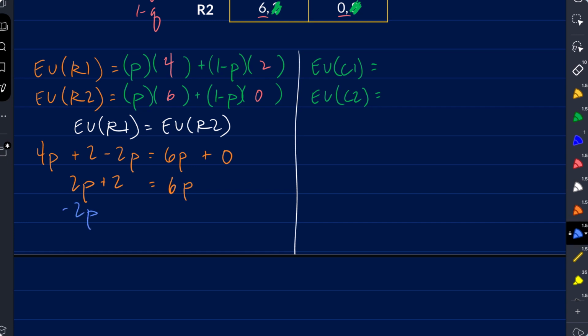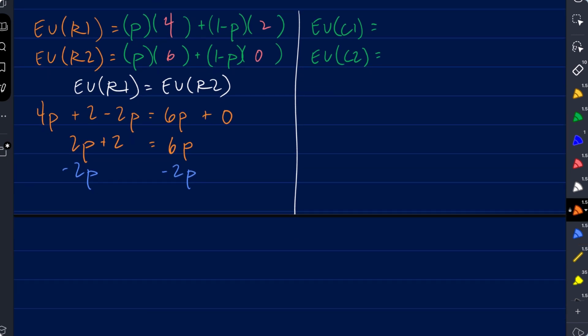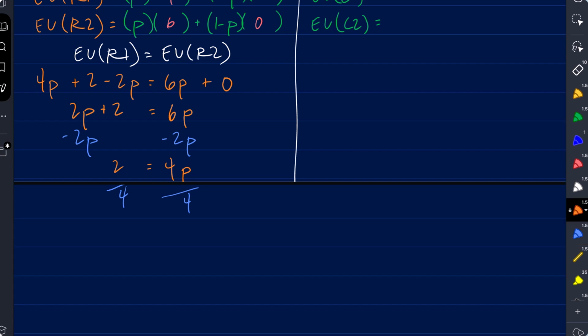Subtract from both sides. So it gives us 6 minus 4P. Divide both sides by 4. So P is going to be 1/2.